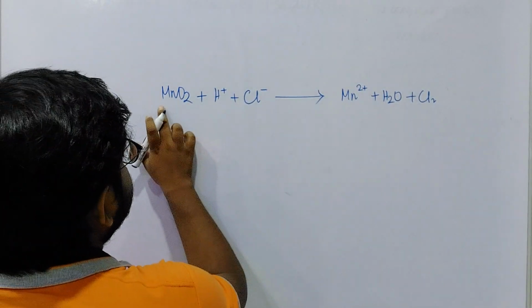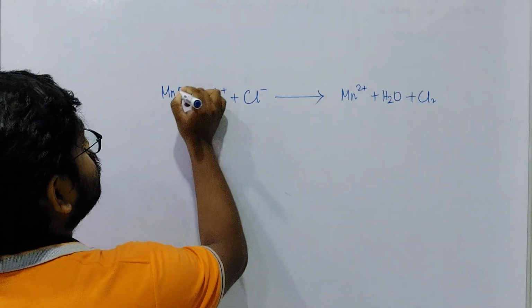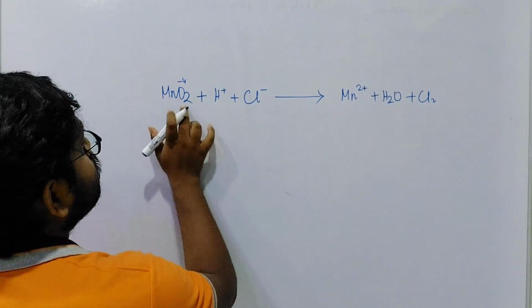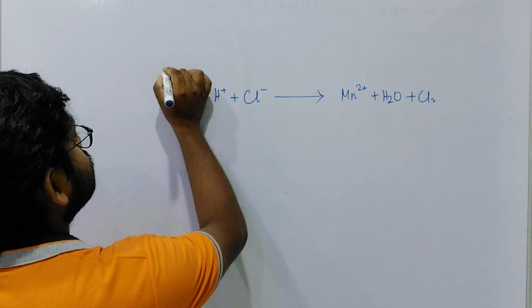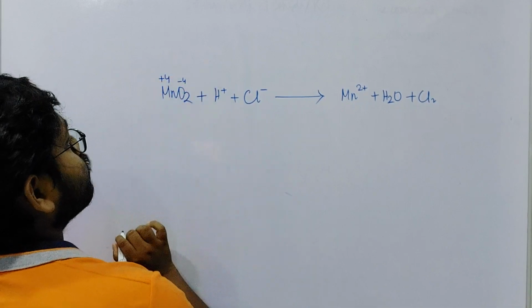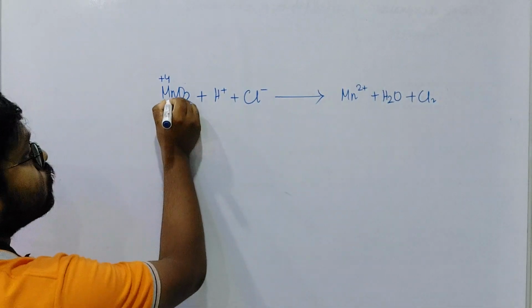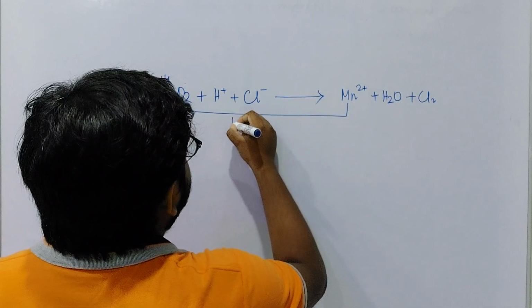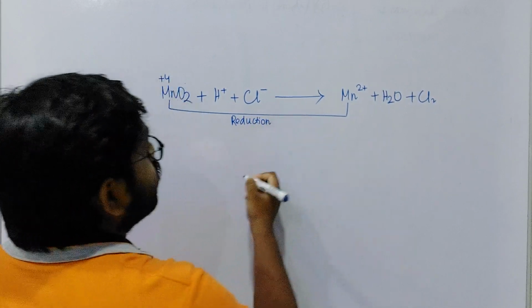See, this is MnO2, this is Mn2+. Now in this case, two oxygens are there, each having -2, so overall it is -4. Overall it is neutral, so that's why the manganese must have +4. On this side manganese has +2. So obviously from +4 to +2 it is none other than reduction. What about chlorine?